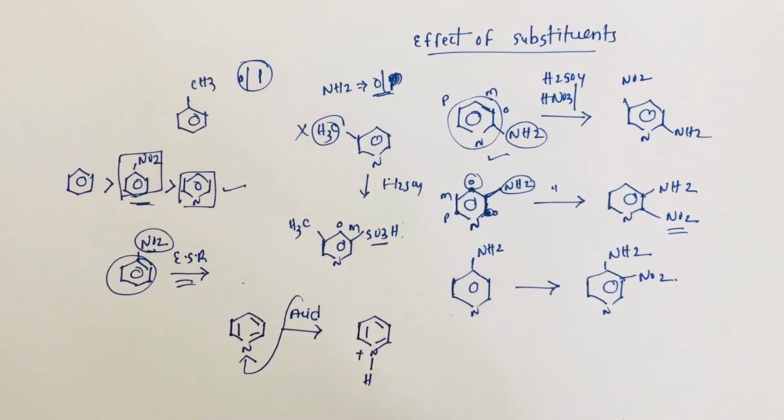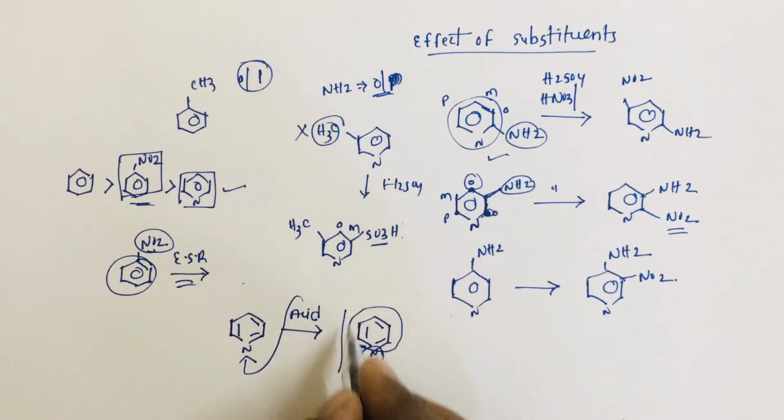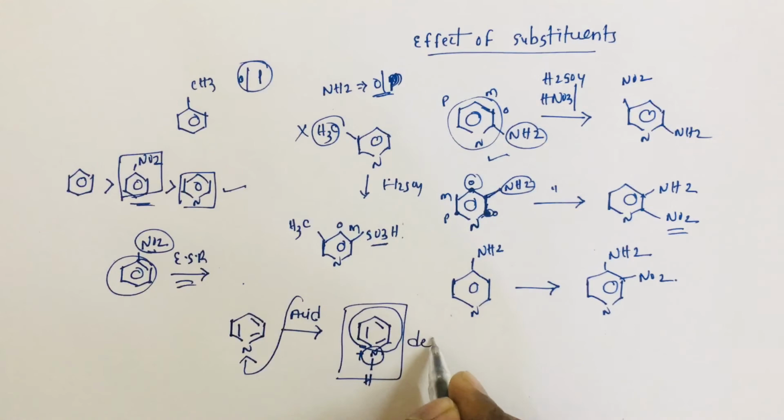Now the nitrogen has a positive charge. What will happen? This is electron deficient, and it further takes electron density from the remaining 5 carbons, and now this becomes even more electron deficient. If this becomes more electron deficient, the reaction doesn't take place. So these are some points you have to remember about pyridine.